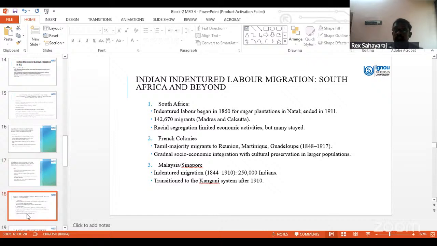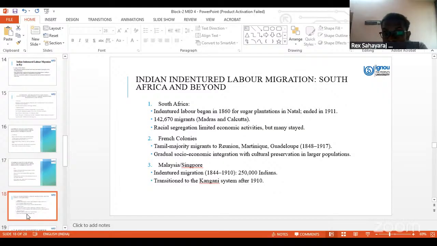And in the French colonies, with Tamil majority migrants, Reunion, Martinique and other countries, Guadeloupe, from 1848 to 1917, socio-economic integration with cultural preservation and larger populations were established there.